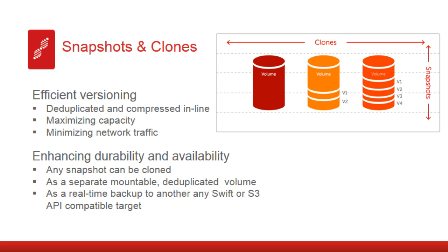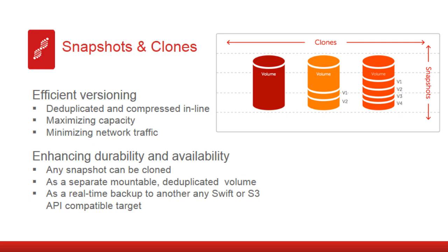Everything is deduped, everything is compressed, and that also brings in replication. How do I take snapshots and clones and replicate them to another SolidFire array, or back them up to another target? It could be Swift, S3, or another SolidFire system.